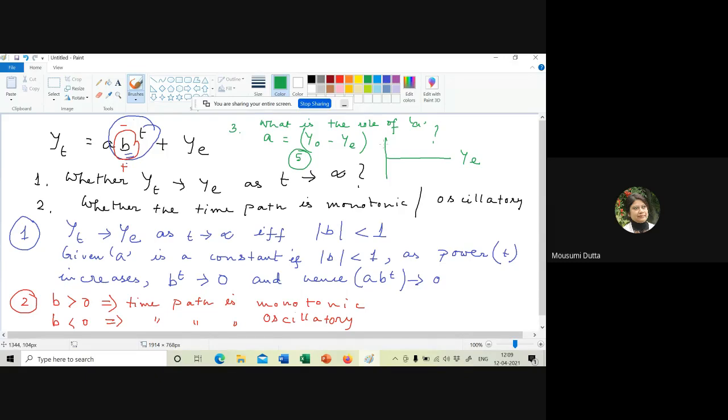I'll start from this point, say. And if it is a monotonic convergent time path, it will be like this. Next, consider this value is say 2.